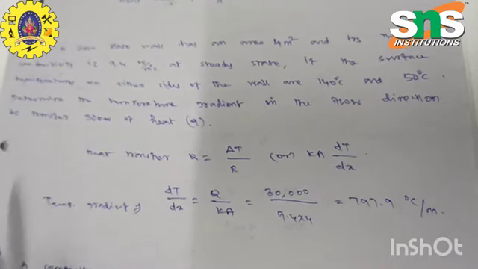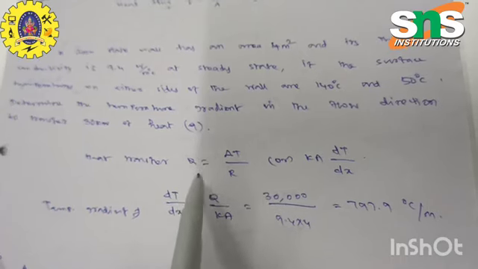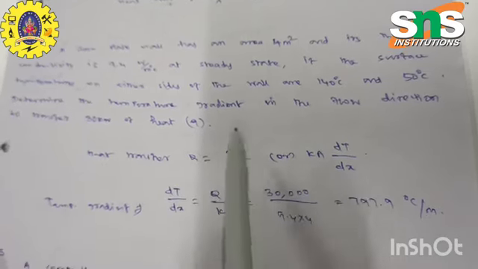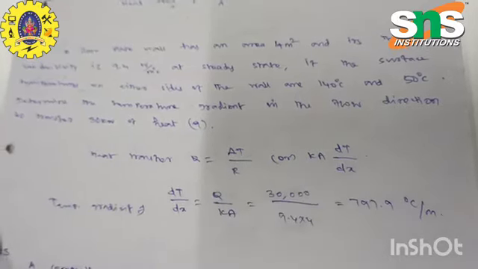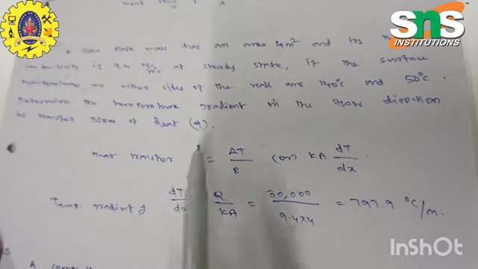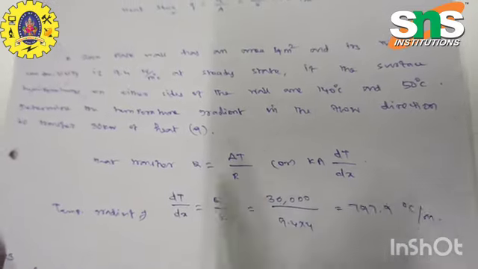We already know that the heat transfer formula for conduction is del T by R, where del T is the temperature difference and R is the resistance. Another formula, from Fourier's law of heat conduction, is Q equal to KA dT by dx.